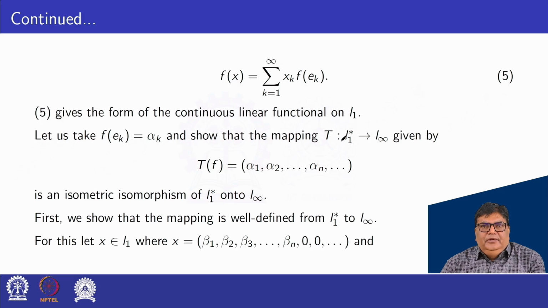So if f belongs to L1 star, then Tf is an element of L infinity. We show that this T is an isometric isomorphism of L1 star onto L infinity.